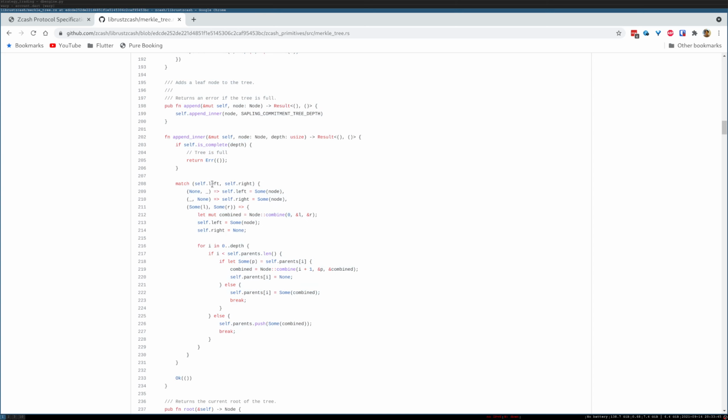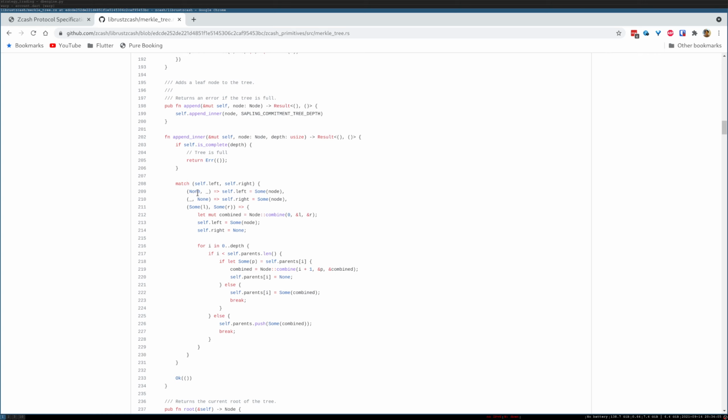So we have left and we have right. If left is none, which again only happens in the beginning, then we set left to that node, right? You can see that these three conditions are exclusive.